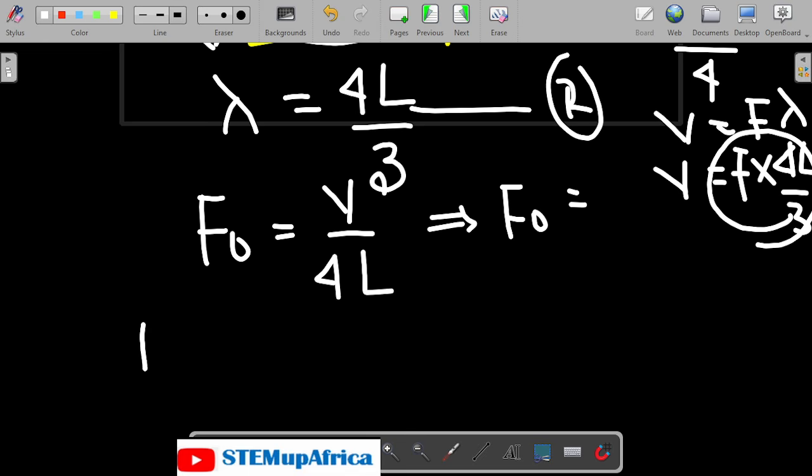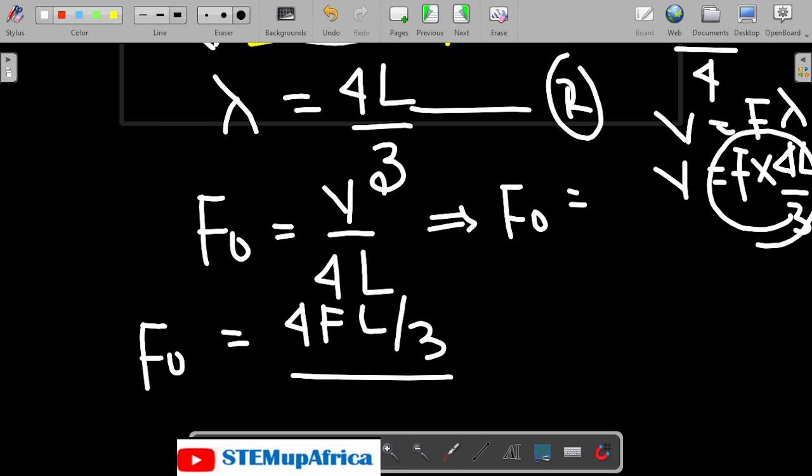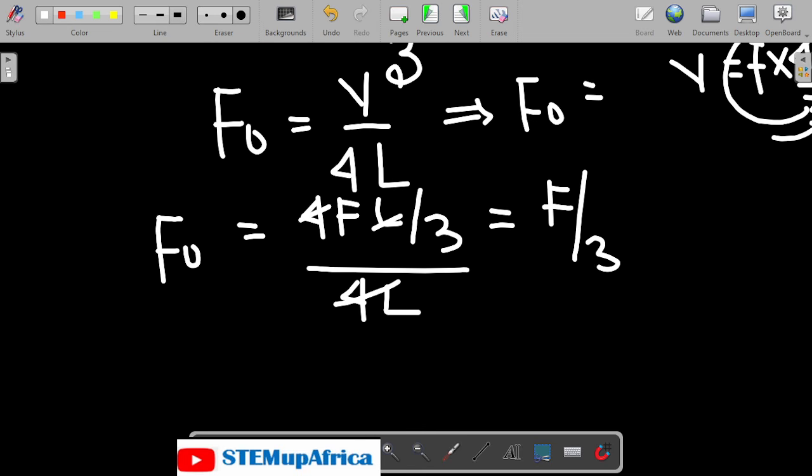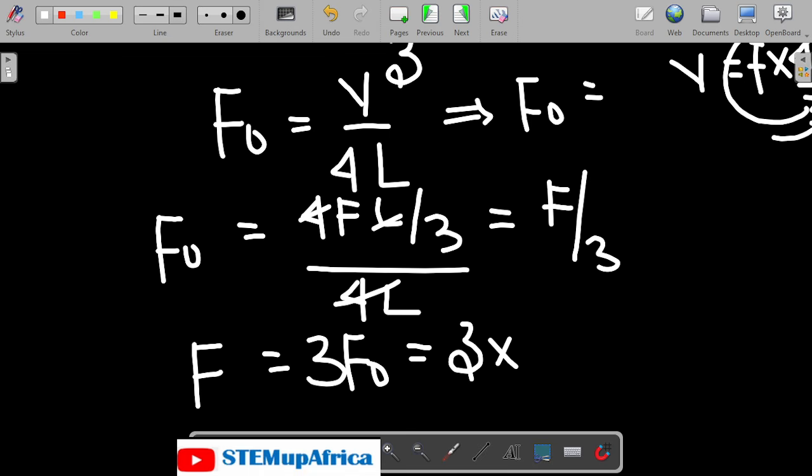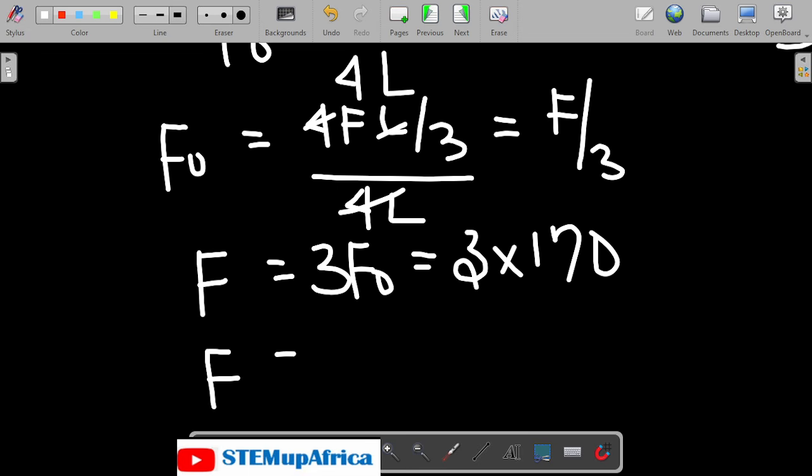F0 equals 4FL divided by 3 over 4L. So 4L will cancel 4L. We're having F over 3. So the frequency of the first overtone is 3 times the fundamental frequency. Our fundamental frequency is 170. 3 times 170 will give us 510 Hz.